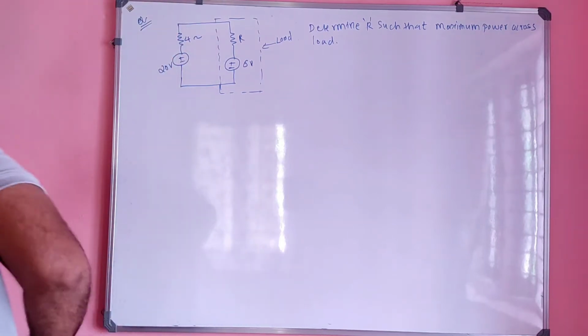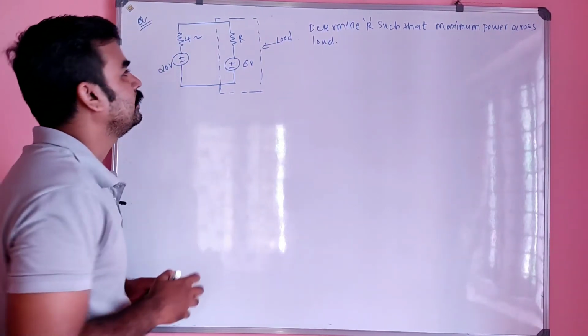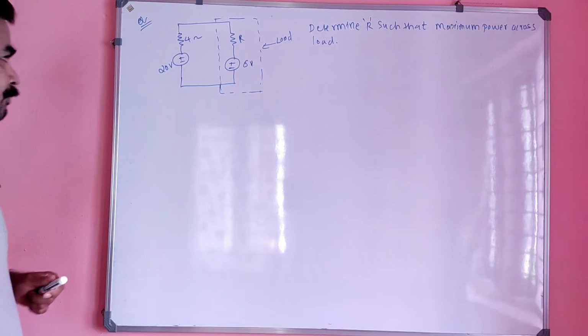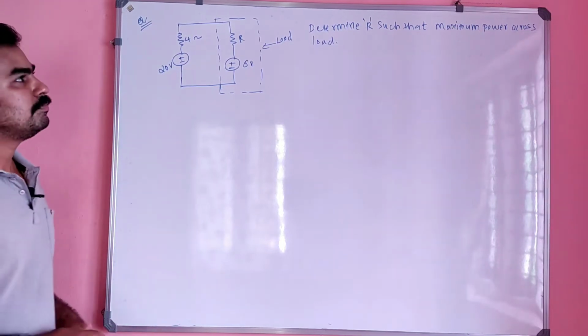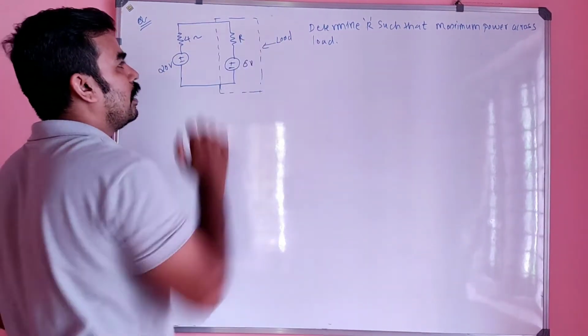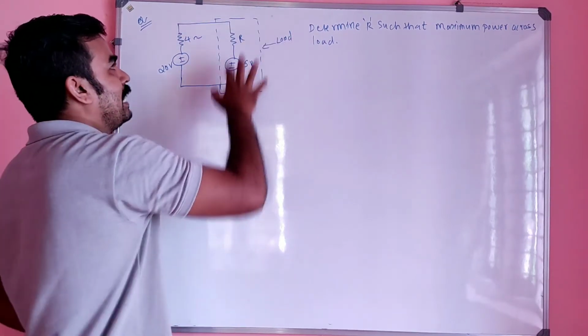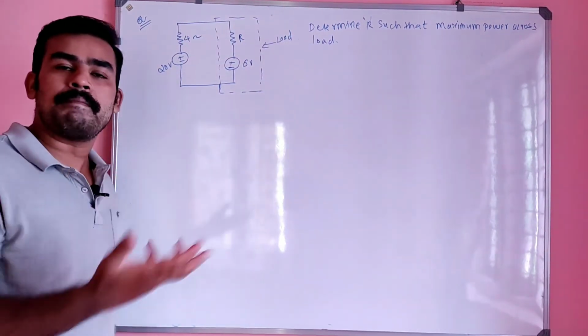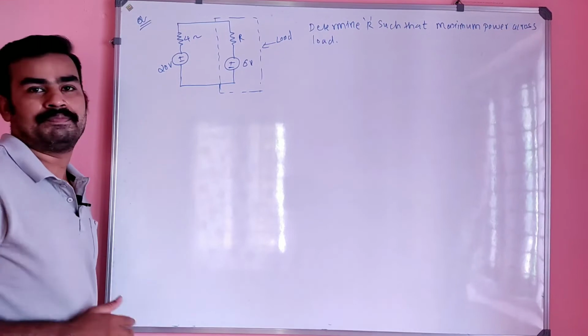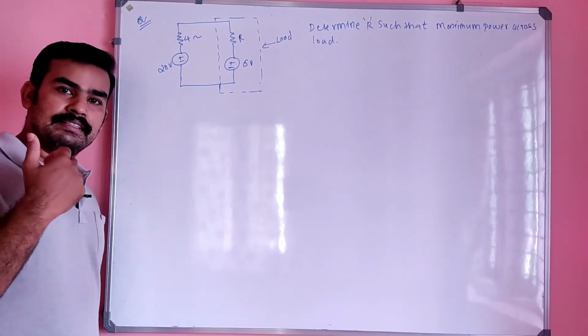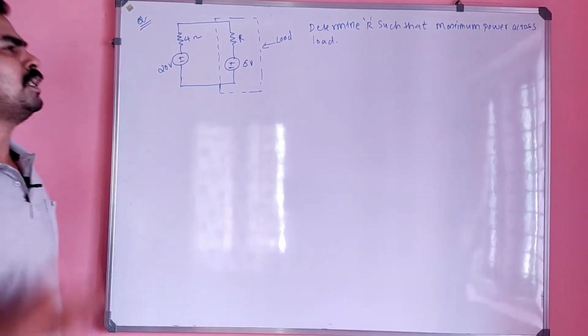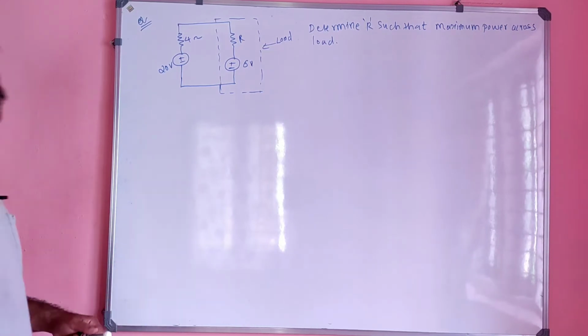Is it clear? How can we find it? Here also you have to determine the value of R so that there is maximum power across the load. You can apply the maximum power transfer theorem here also. But how can we use it?